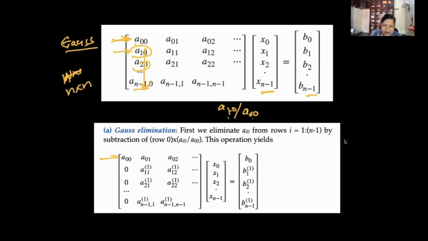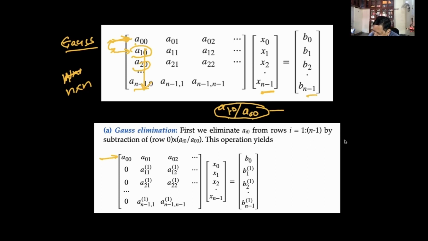If A00 is 0, then it doesn't work. But if A00 is 0, what do we do? I can exchange these two rows and push A10 up to make it the first row. Anyway, let's assume A00 is not 0, and multiply all the entries of the first row by this, so the first one becomes A10, and then subtract the modified first equation from the second equation.